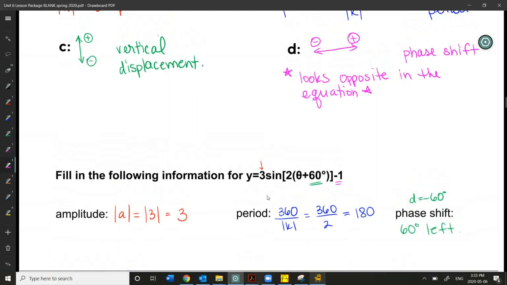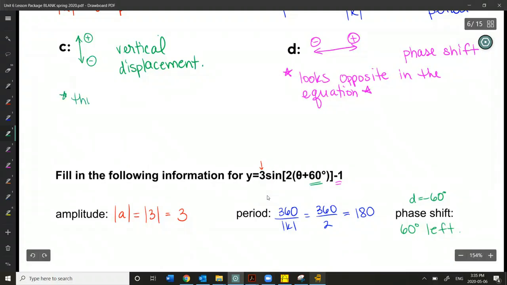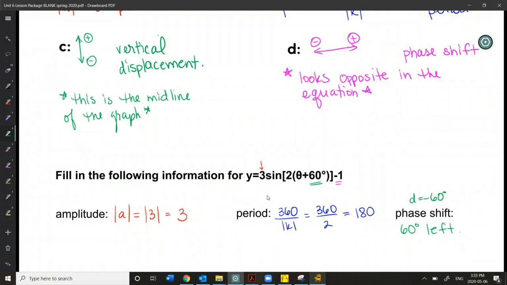So the interesting thing, and we're actually going to add this onto C as well, is that C is actually what we call the resting position or the midline of our graph. So let's just add that. This is the midline of the graph. And what this means is that the amplitude is actually measured from this resting position.